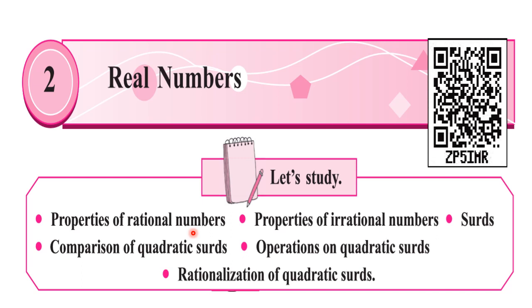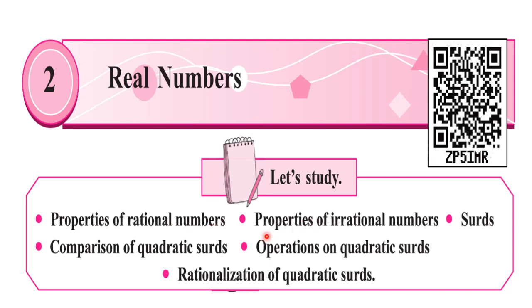That means the division is never ending, but a certain set of numbers is repeated again and again. That is called non-terminating recurring type. Then we have studied how to express these non-terminating recurring decimal fractions in p upon q form, and then we have studied practice set 2.1 based on the properties of rational numbers.